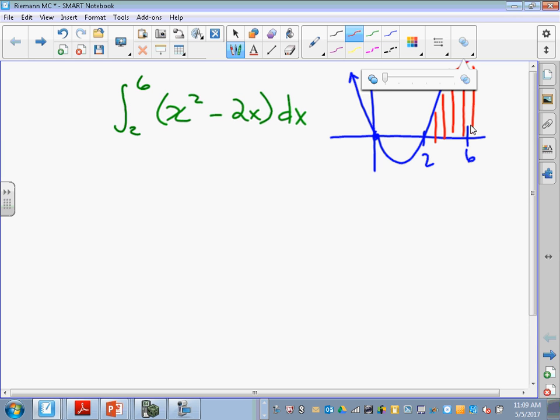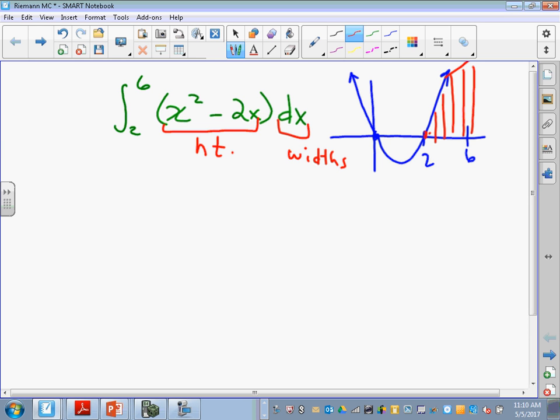Little rectangles, right? So the very first rectangle that I drew had a height of 0. Okay? These are all of the heights, and that dx is all of the widths.